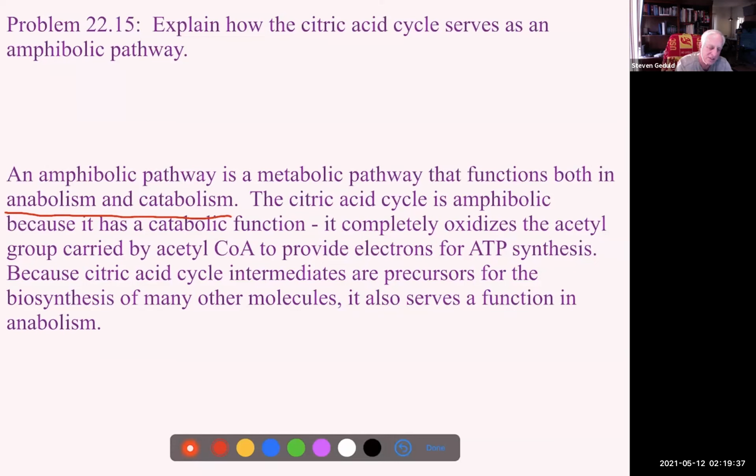So the citric acid cycle is amphibolic, can do both, anabolic and catabolic, because it has catabolic functions, completely oxidizing acetyl-CoA to provide electrons for ATP synthesis. So it breaks everything all the way down, oxidation, into CO2 and water to produce ATP. Or we can use the intermediates as precursors for biosynthesis of other molecules. Okay, that's anabolism. So the citric acid cycle can function as both. And you can see how it can do that with the intermediates that are produced.